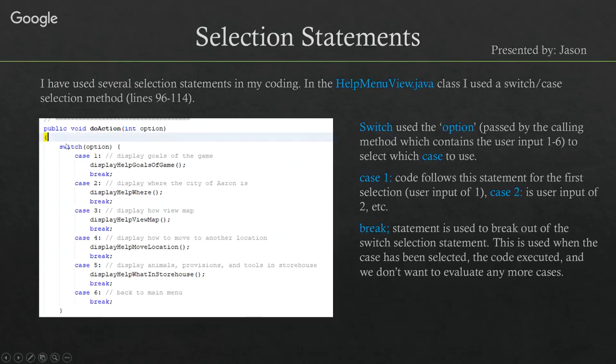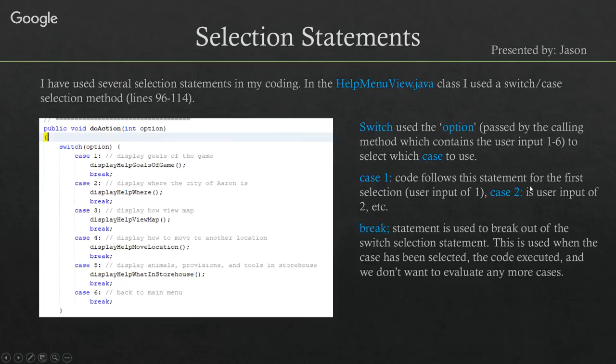Here we have a switch, then case and breaks. Switch uses the option which is passed by the calling method, which contains the user input from 1 to 6. We already gather that and pass it to this switch function, and if option is equal to a 1, it's going to do case 1.